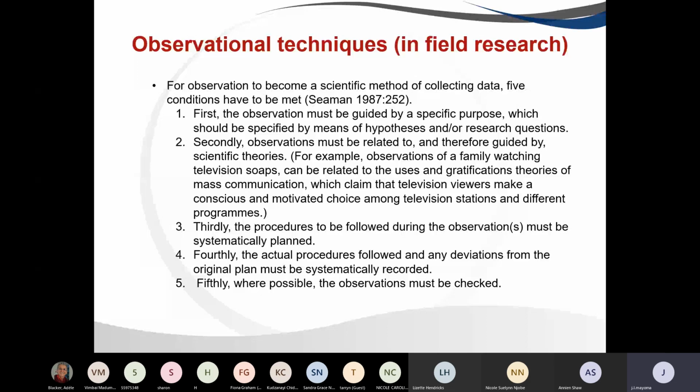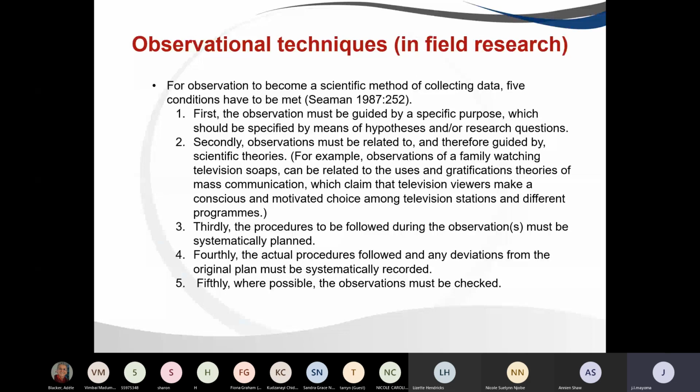You need to know what you're looking for before you go in and start looking. So if you go into that maths classroom with the students, you need to know what exactly you're looking for, and that is going to be defined by your research questions.